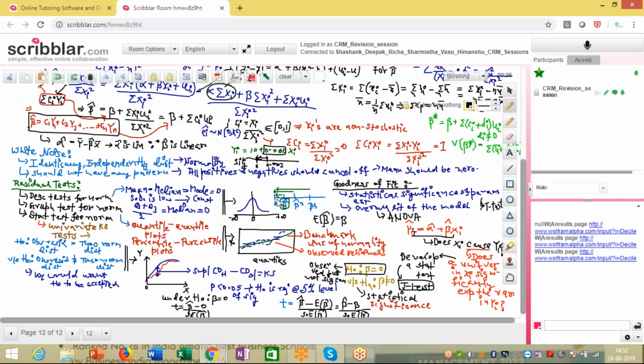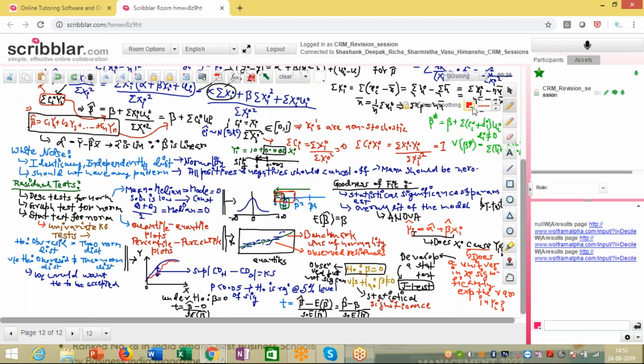So, if you think about it, the probability of committing the type 1 error that you would have in this zone will be much higher than the probability that you will have in this zone, right?